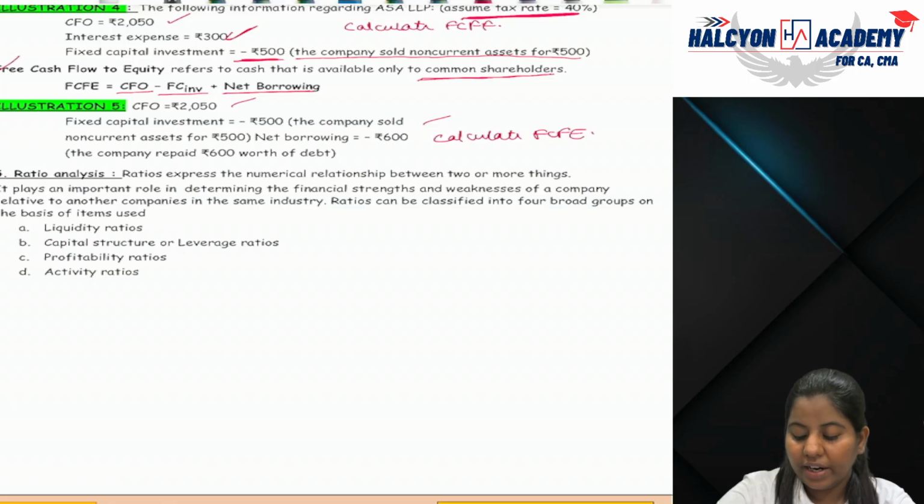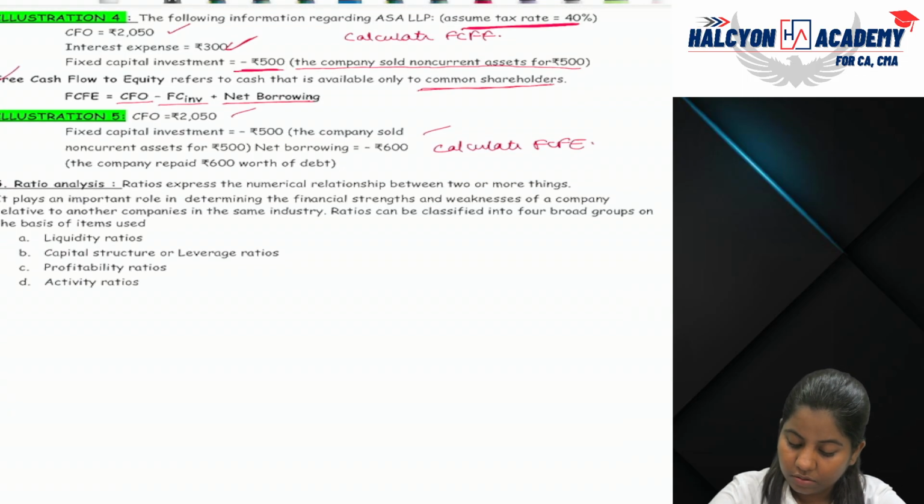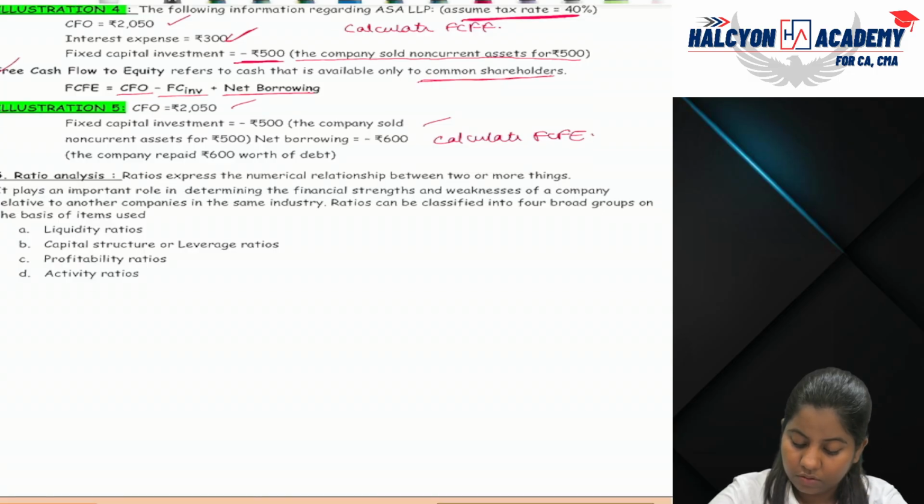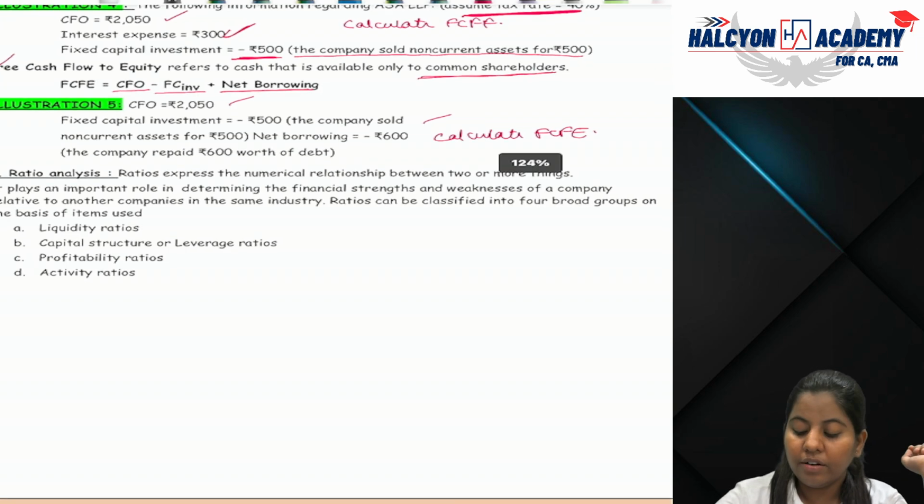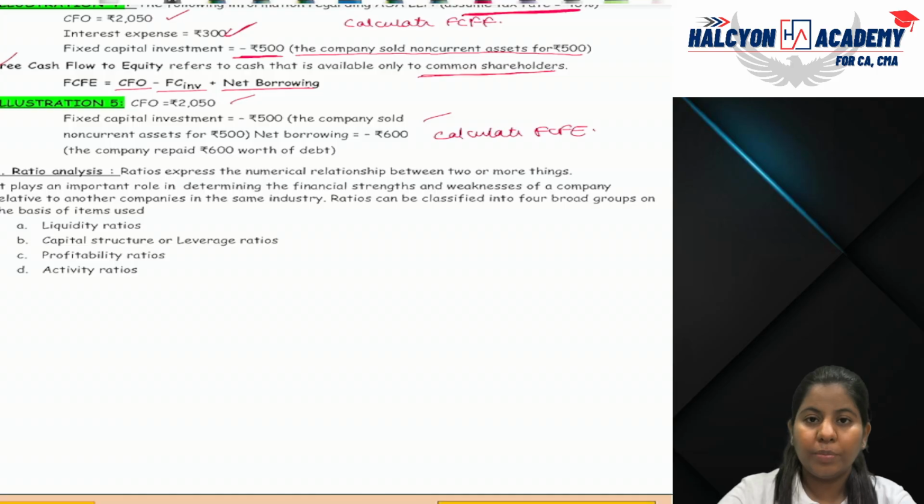Ratios can be classified into four broad groups on the basis of items used. There are many kinds of ratios, but in a broader classification, we can classify them into four types.